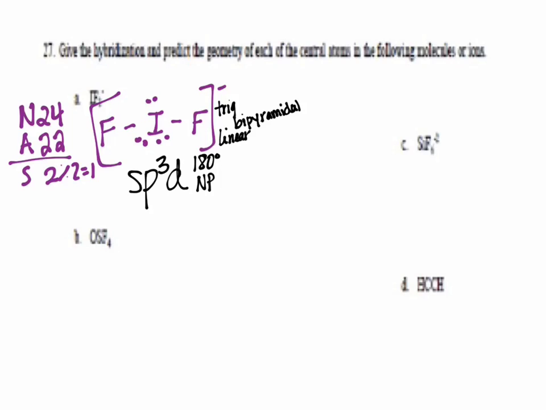Okay, so all you have to do is really just look at those electron areas and see how many you're looking at. So if I go to OSF4, I have needed, available, shared. I have 48 needed, 40 available, 4.